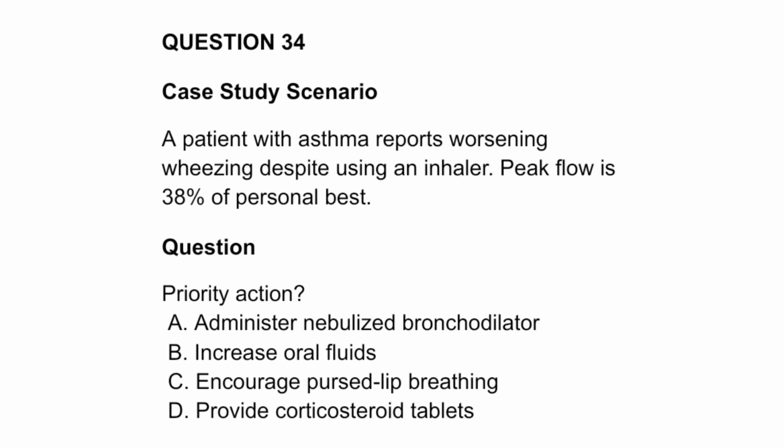Question 34. Case study scenario. A patient with asthma reports worsening wheezing despite using an inhaler. Peak flow is 38% of personal best. Question: priority action. A. Administer nebulized bronchodilator. B. Increase oral fluids.